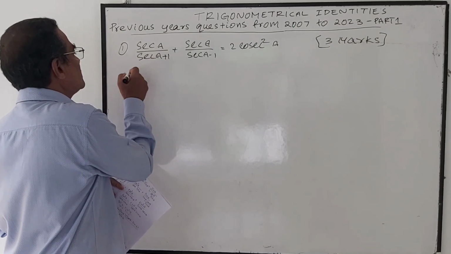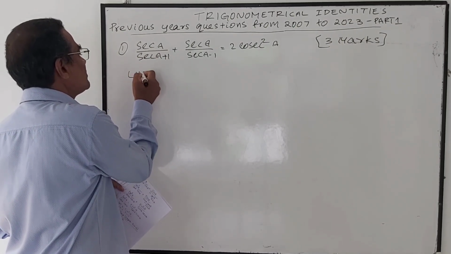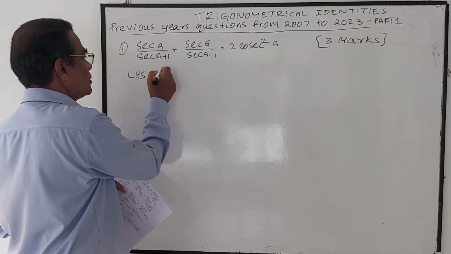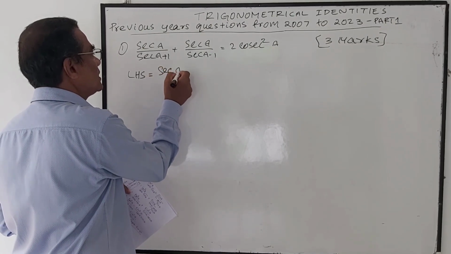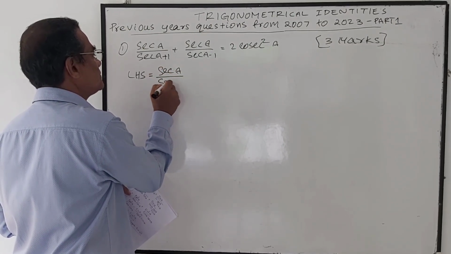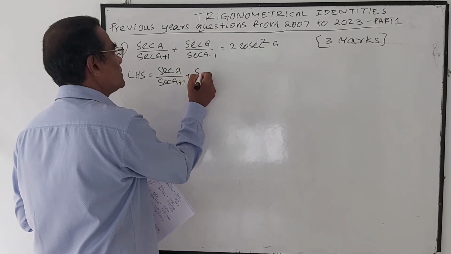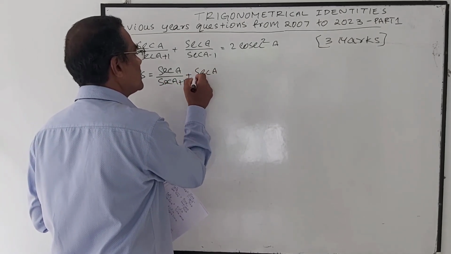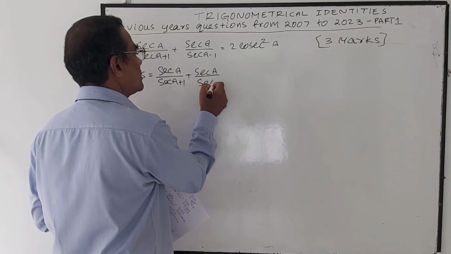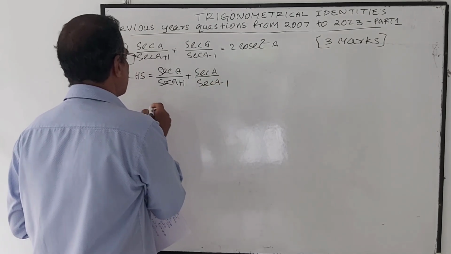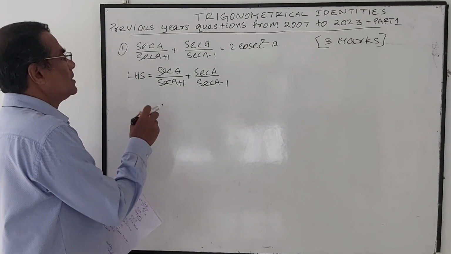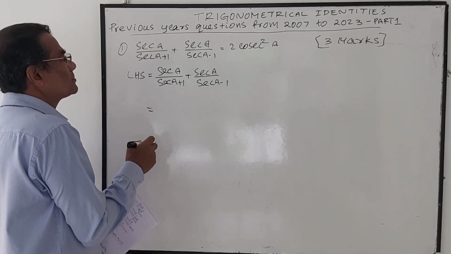So we will use the left hand side, which is equal to cosec A divided by cosec A plus 1 plus cosec A by cosec A minus 1 equal to, these are two fractions.